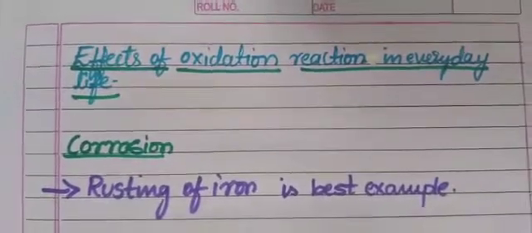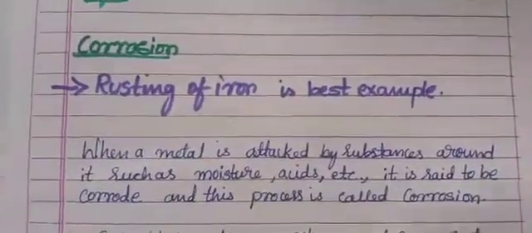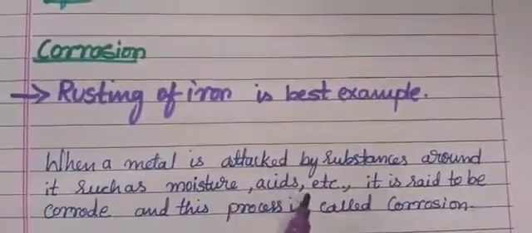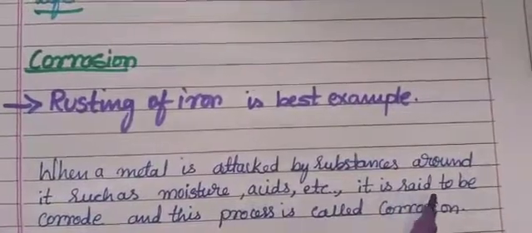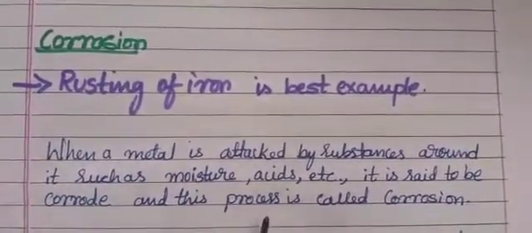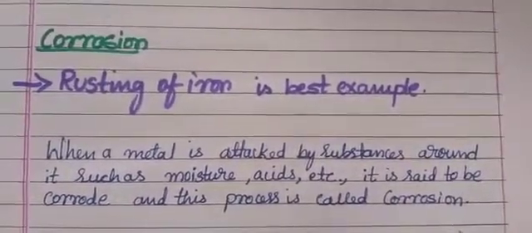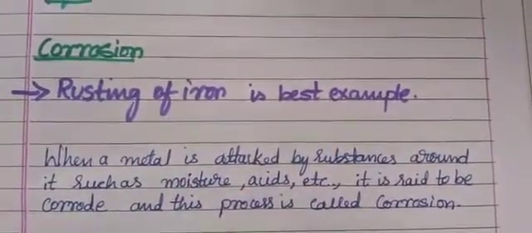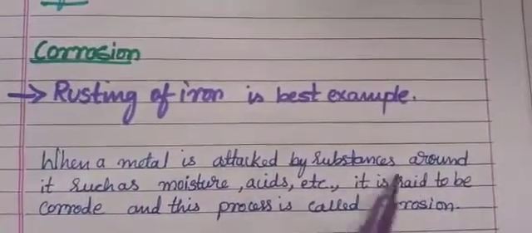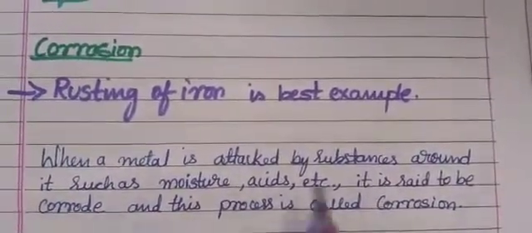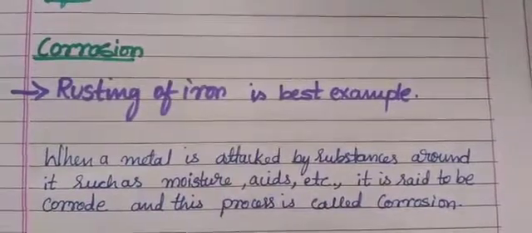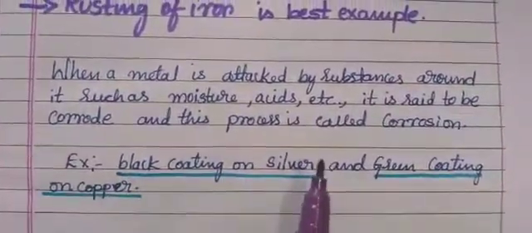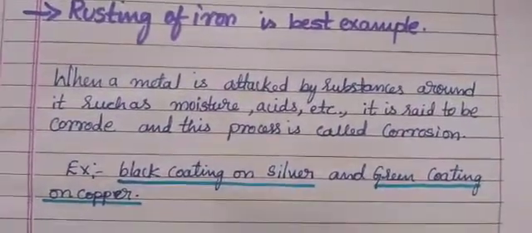So when a metal is attacked by substances around it, such as moisture, acids, air, etc., it is said to corrode, and this process is called corrosion. So whenever metals are attacked by moisture, water, air, acids, etc., they are said to be corroded, and this process we call corrosion. The best examples we can give are the black coating on silver and the green coating on copper.